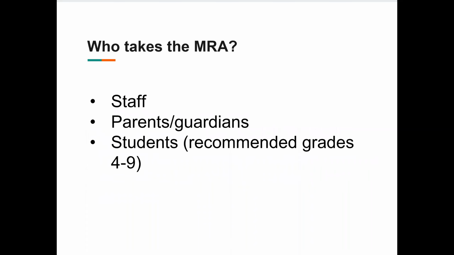So who takes the MRA? We recommend participation by the three major stakeholder groups in a school. That's staff, parents and guardians, and students. And for students, we recommend grade levels 4 through 9, so that one, they have the appropriate reading level to be able to read and understand the survey, and also so that the questions are appropriate for those grade levels.